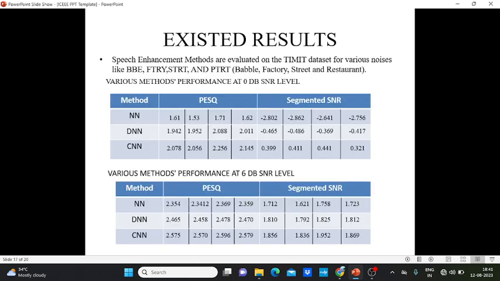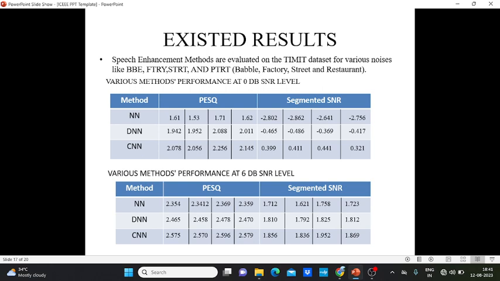Some of the previous results are a comparison of PESQ along with segmental signal to noise ratio, perceptual evaluation of speech quality, with some of the machine learning techniques, neural networks, DNN, CNN, at different noises. We are taking four noise cases: babble, factory, street, and restaurant places. We have got the noises.